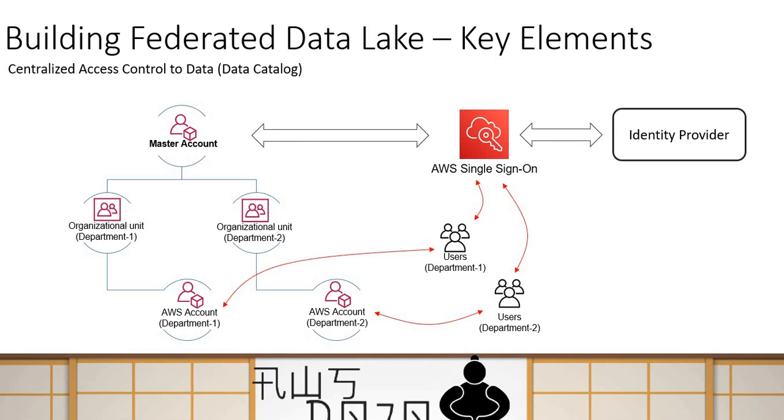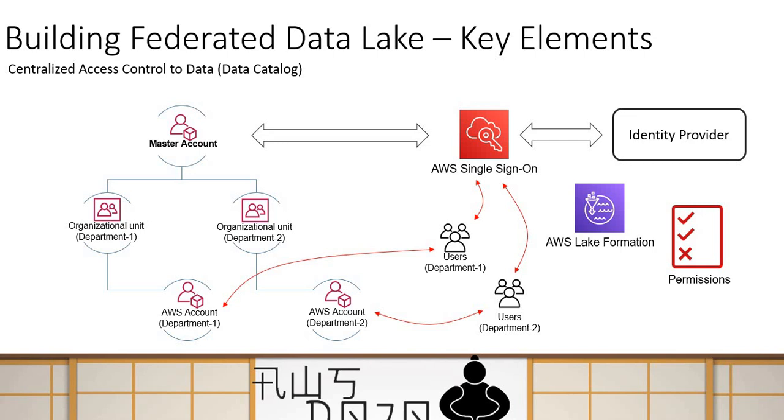Now, I did mention using a single identity to access your data across your organization, across multiple federated data lakes. Now, how do you do access control for such data lakes? You can do that using AWS Lake Formation.